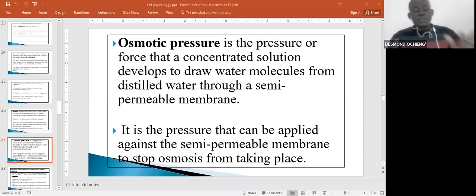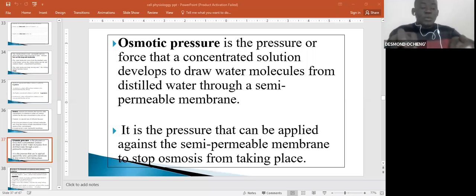I said that once we have had an equal concentration of water molecules, or once the two solutions have become isotonic, and an isotonic solution is a solution which has got equal concentration.